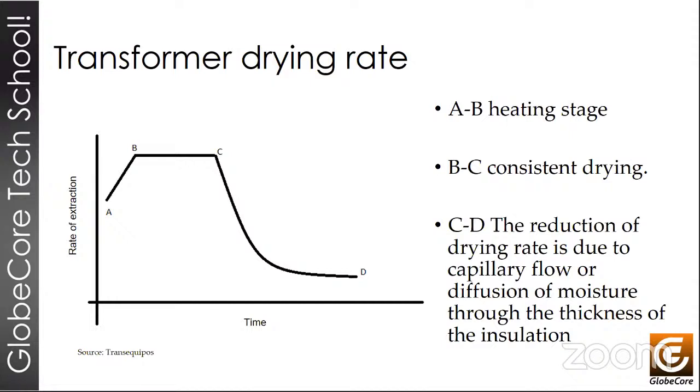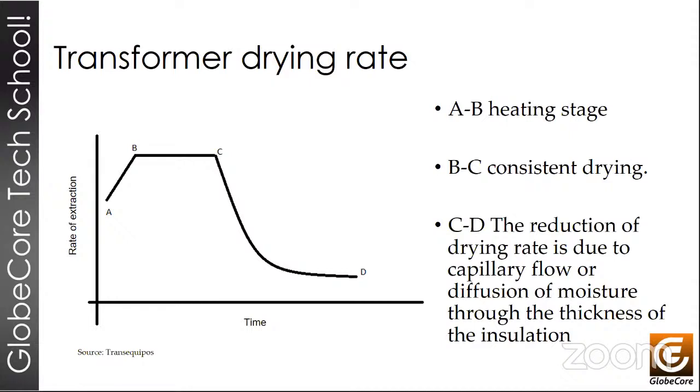And when we go from point B to C, that plateau there, that stability stage, the rate of moisture extraction is fairly constant. In this stage, we basically remove moisture from the outer layers of the paper. The next stage is when the rate of moisture extraction dips quite low. This is due to the capillaries in the paper inside the transformer.